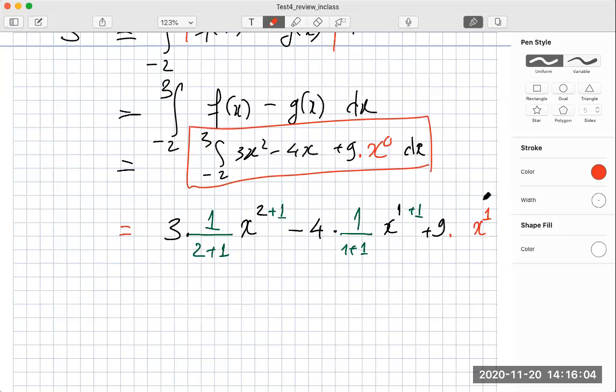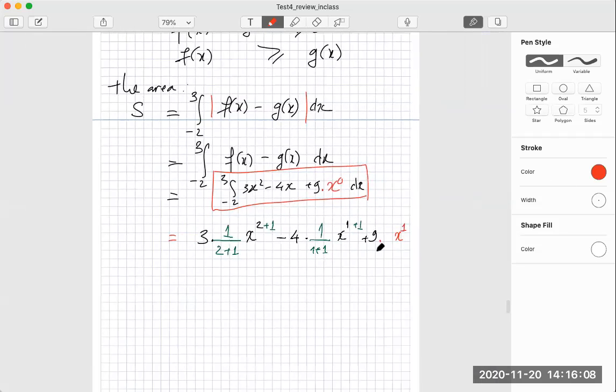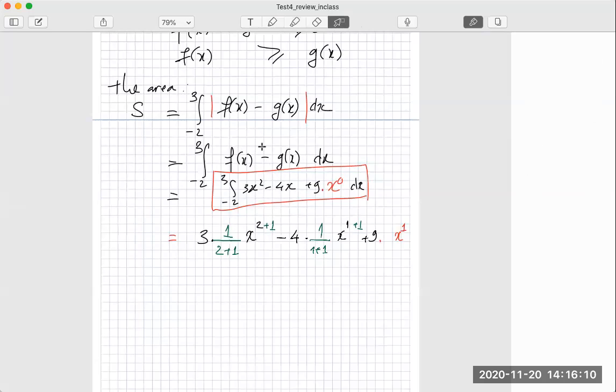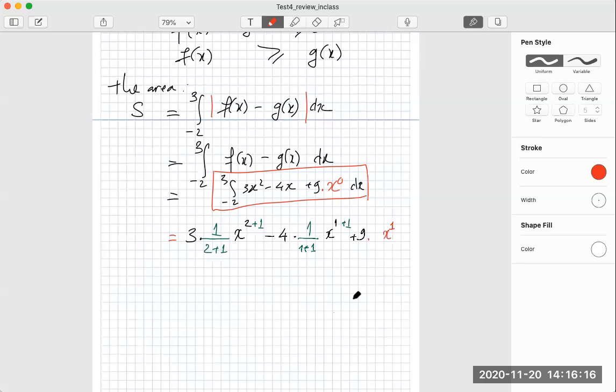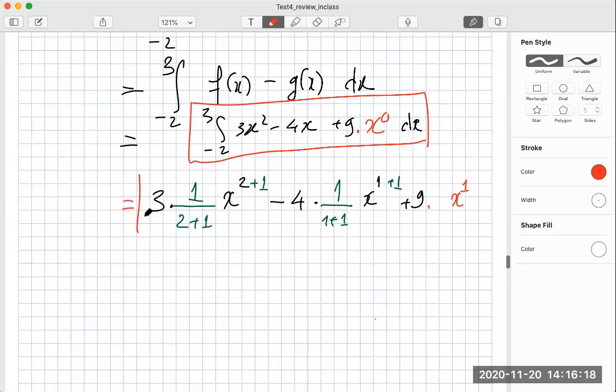But then we need to evaluate this function. We have the limits. This is a definite integral. So we need to evaluate it from x equals -2 to x equals 3. Okay.